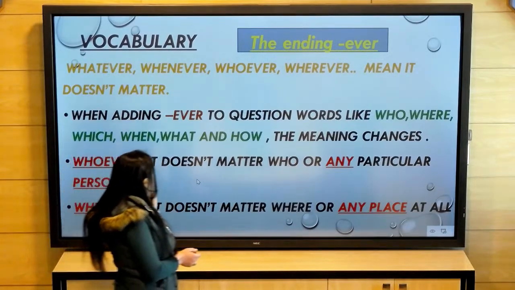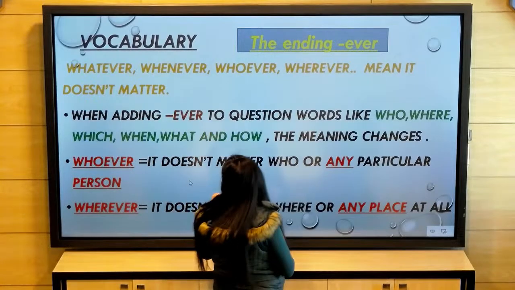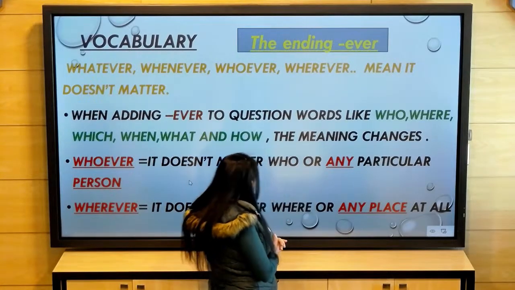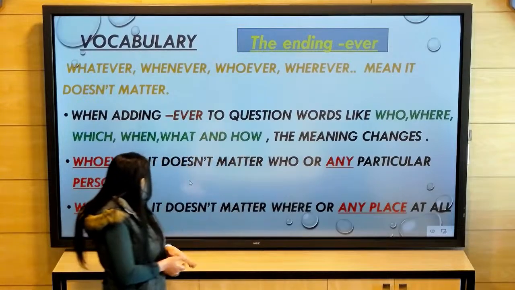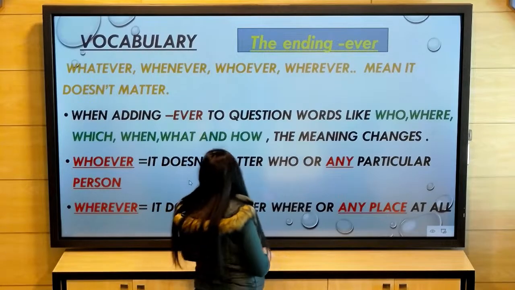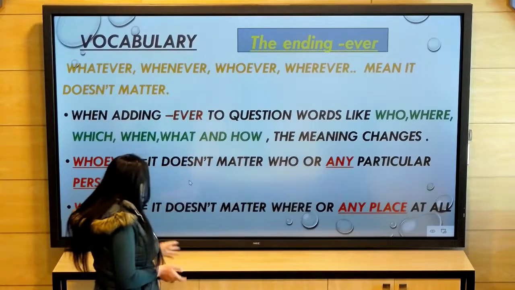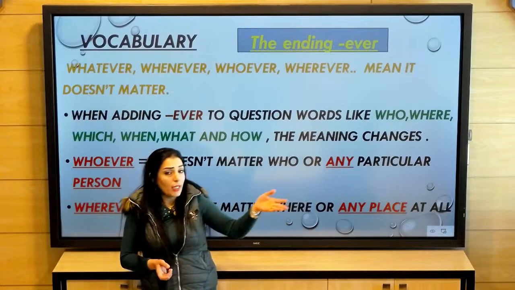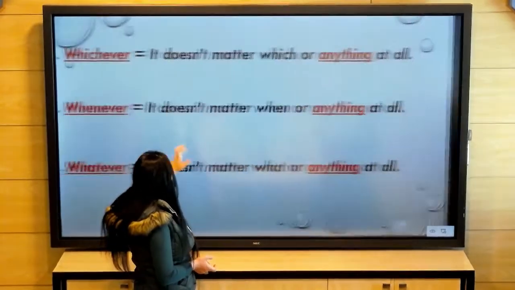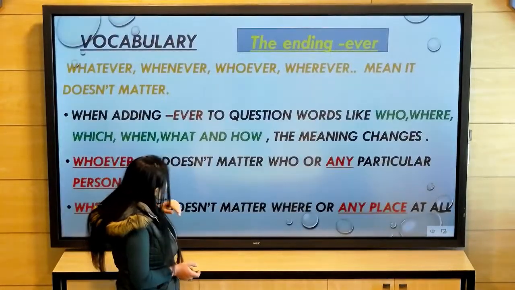When adding ever to question words like who, where, which, when, that, what, and how, the meaning changes. So, whoever, it doesn't matter who or any particular person. Wherever, it doesn't matter where or any place at all.